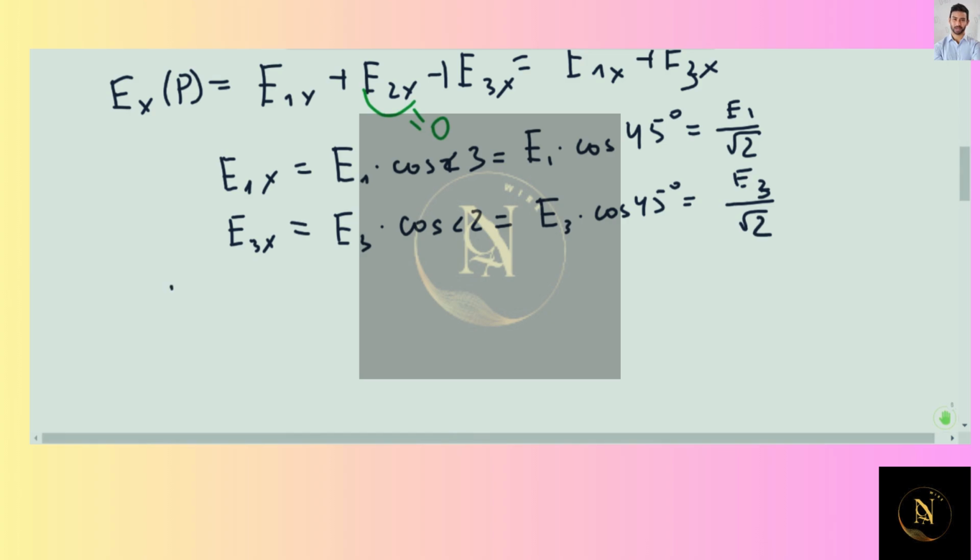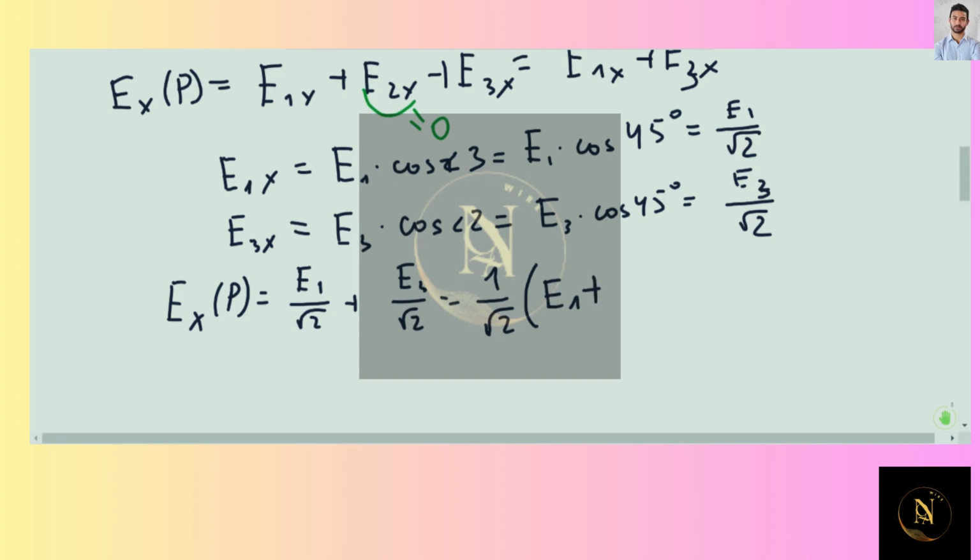Therefore, Ex at point P equals E1 over square root of 2 plus E3 over square root of 2, which is 1 over square root of 2 multiplied by the sum of E1 and E3.